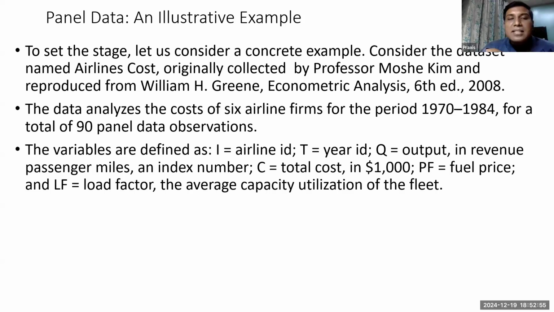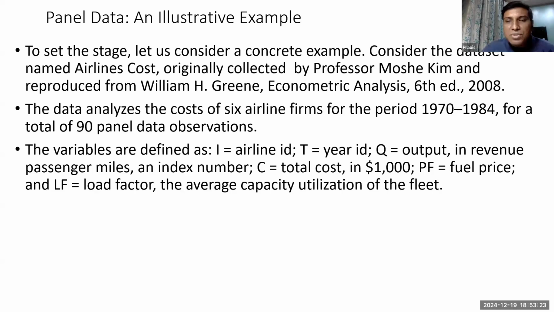The variables are defined as I, denoting the airline ID, and T, the year ID, right? Q is the output measured in revenue passenger miles, which is basically an index number. Those who have worked on the airline industry know that revenue passenger mile is a standard measure of output for airlines.